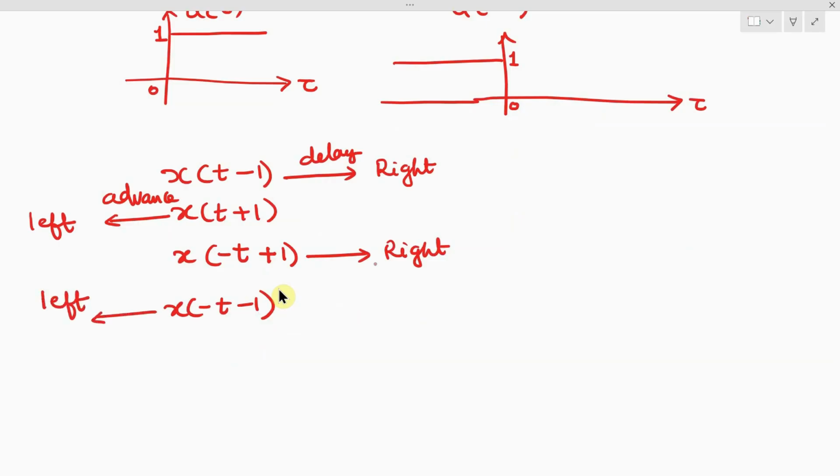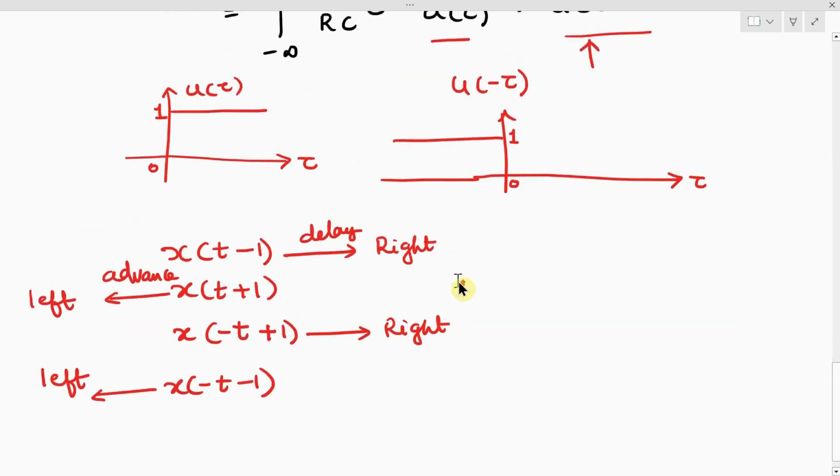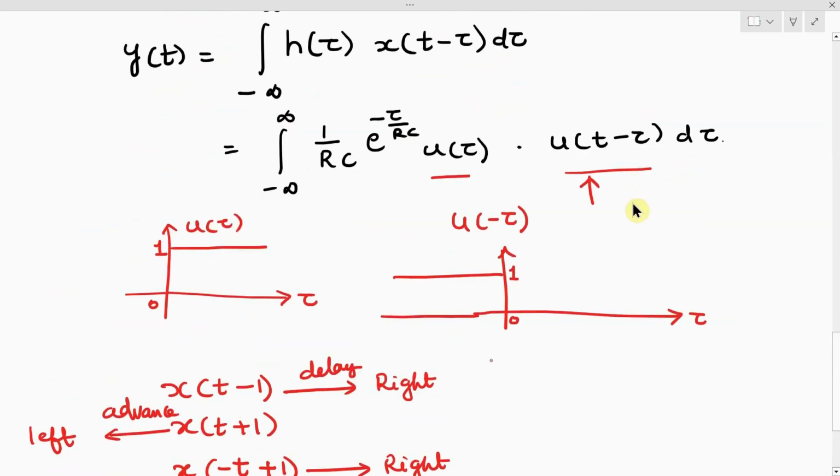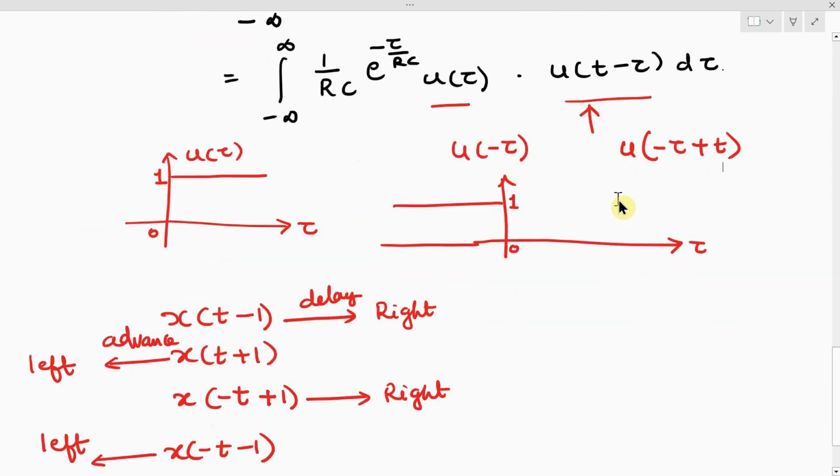Now, why I am discussing all this: in the formula you have u of t minus tau, that can be represented as u of minus tau plus t, where u of minus tau is the time reversed version and t is the amount of shift. Now just try to correlate these two. These two are in the same form. Am I right?